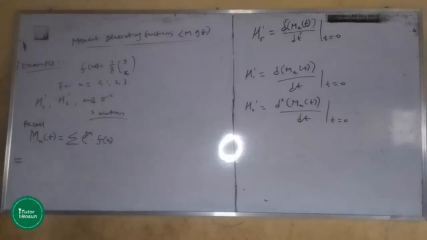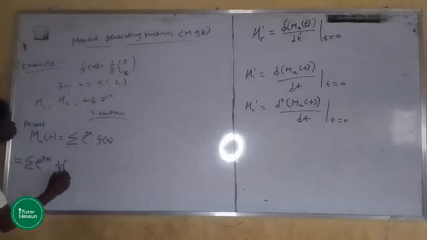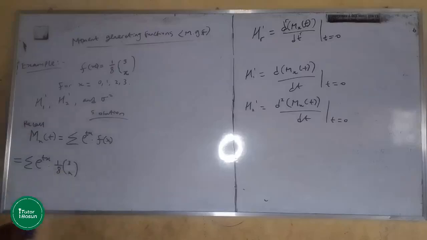So here we'll be having the summation of exponential tx multiplied by 1 over 8 into 3 combination x.